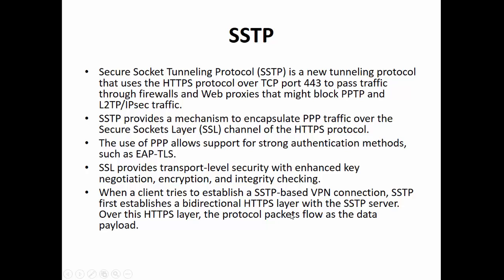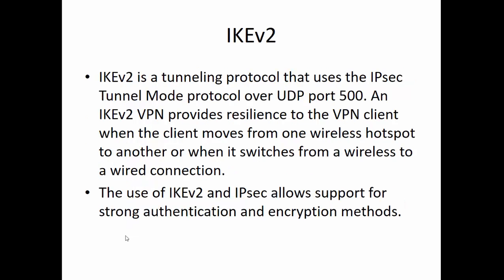So you have a bidirectional secure, encrypted layer with the SSTP server. Over this HTTPS layer, or the encrypted tunnel, the protocol packets flow as the data payload. So SSTP just provides an encrypted tunnel for your data to travel securely, and it should not be hacked.